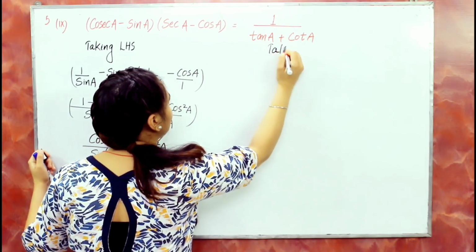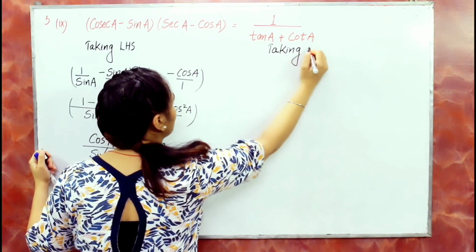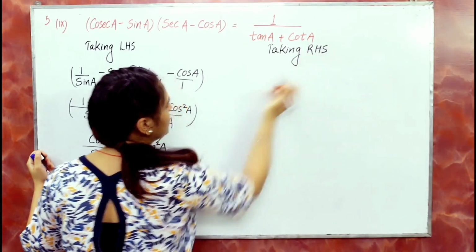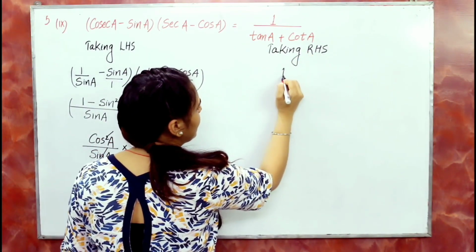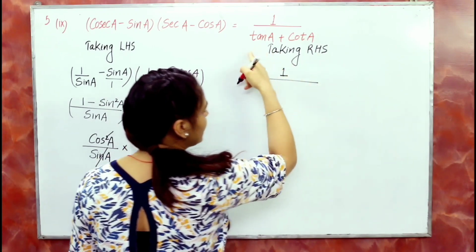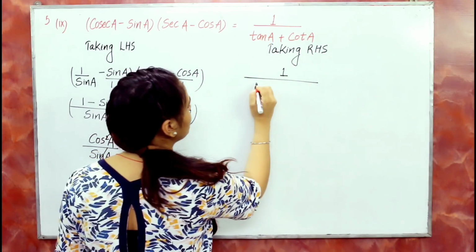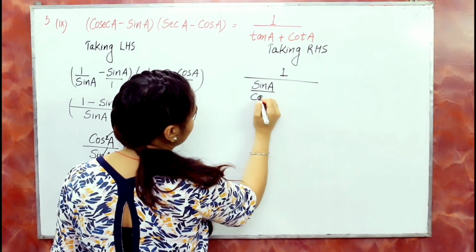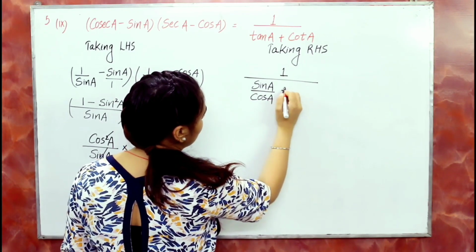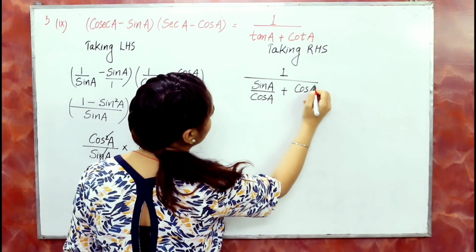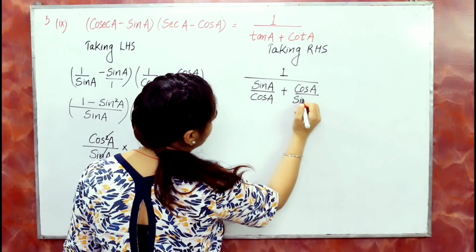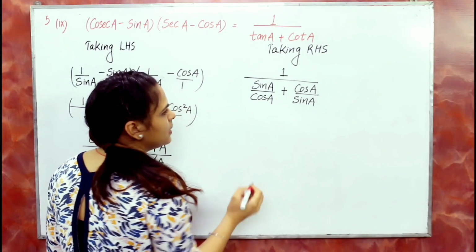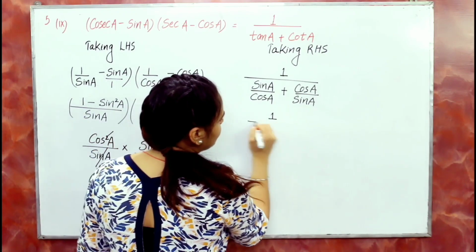So by taking RHS, in this side we will convert tan and cot in the form of sin and cos. So this is your sin A upon cos A, and cot A can be written as cos A upon sin A. We need to simplify this.